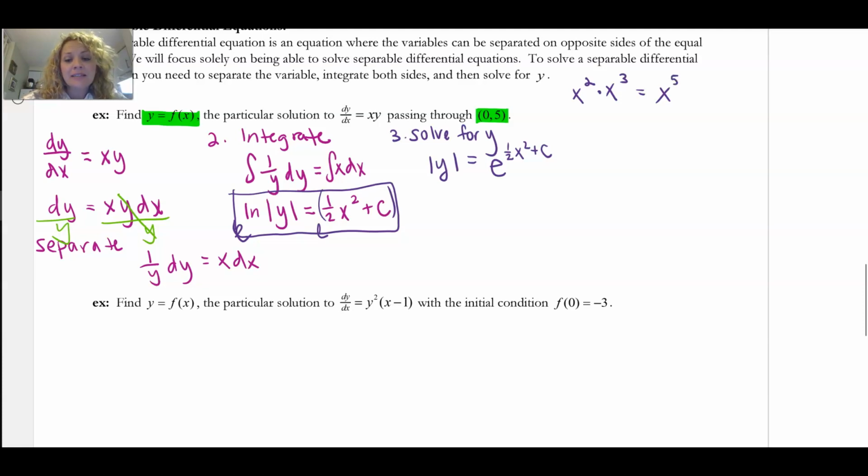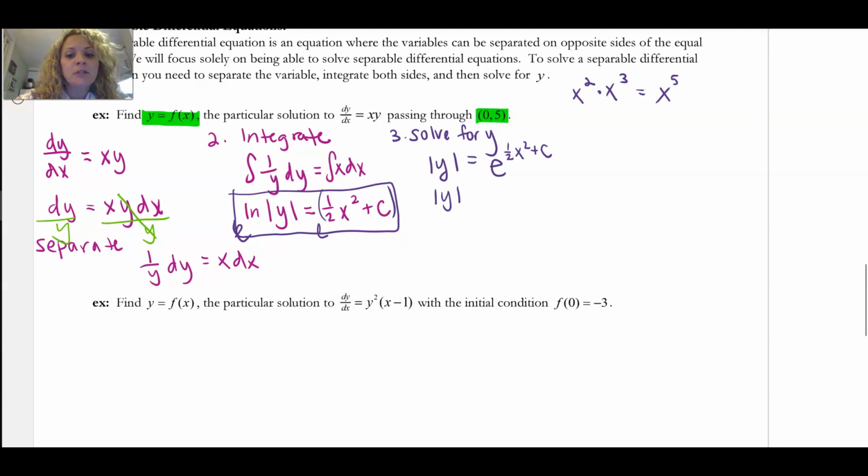I keep the base and add the exponents. We're actually going to go backwards. If we look at the right-hand side of the equation and see that e is raised to the power of 1/2 x squared plus c, I could really break this into the multiplication of 2 powers with the same base.